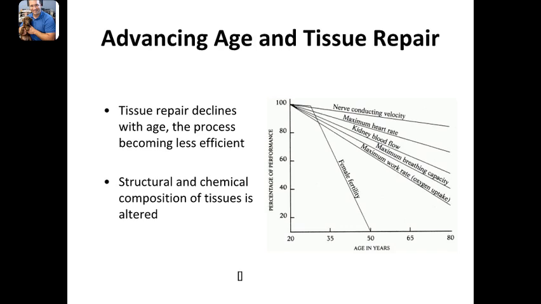Your kidneys don't filter as readily. Your breathing and your oxygenation of tissues is not as effective and efficient. And the amount of work you can do, essentially all of the elements of healing and maintenance of homeostasis can't be counted upon as much.